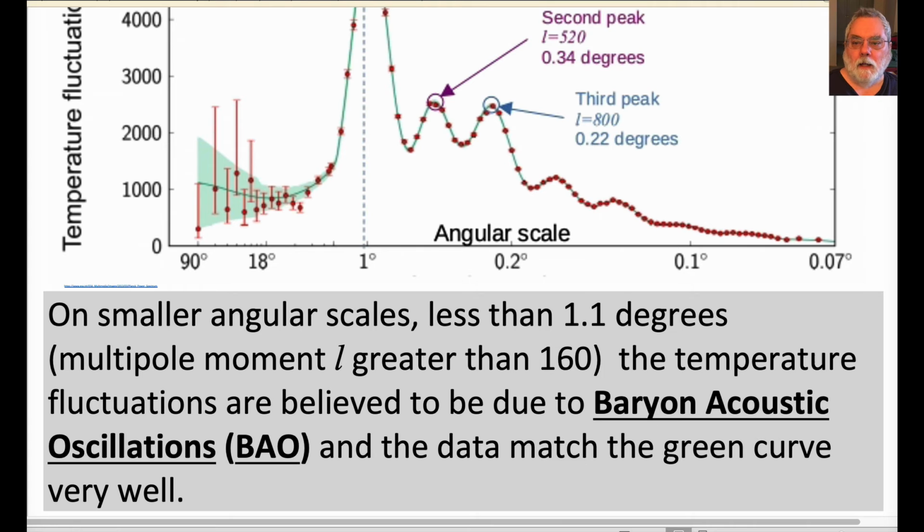On smaller angular scales, less than 1.1 degrees to the right of the blue dotted line, the temperature fluctuations are believed to be due to Baryon Acoustic Oscillations, BAO, and the data match the green curve very well.